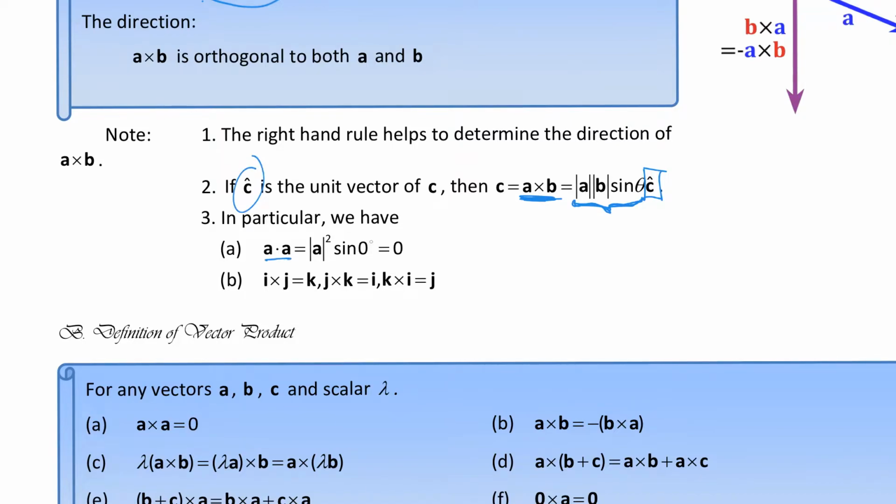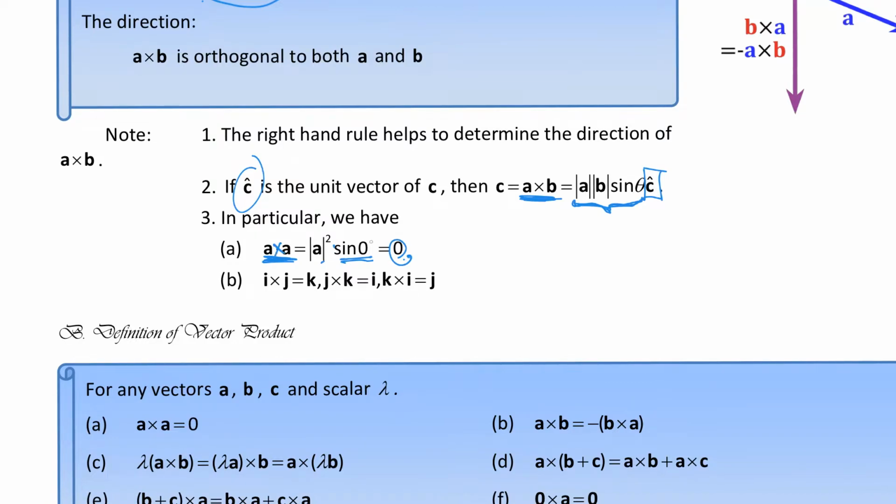How about A cross A? According to the definition, it is magnitude A squared times sine 0 degrees, and sine 0 degrees is equal to 0.